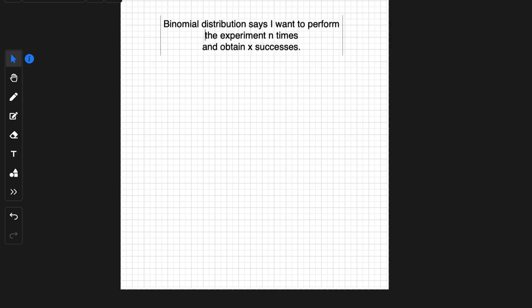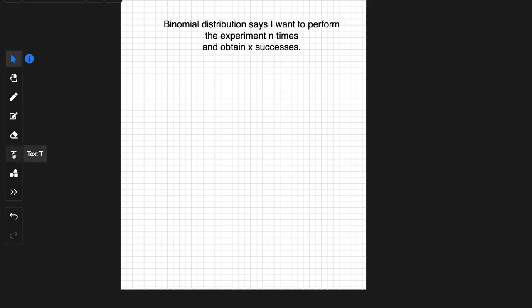But the geometric distribution says I want to perform the experiment until I have 1 success.